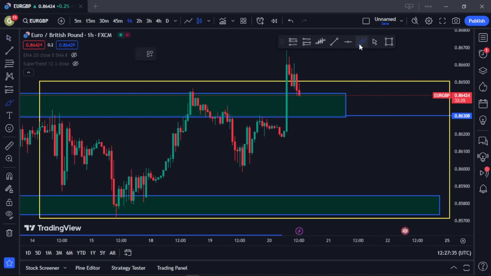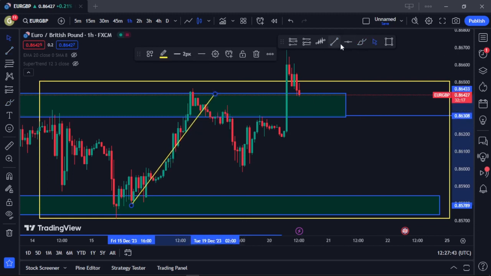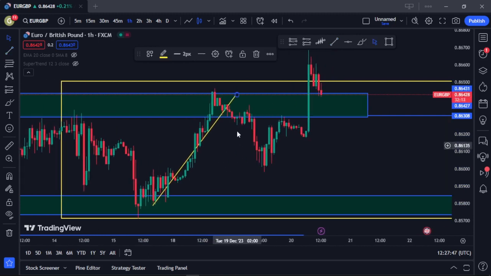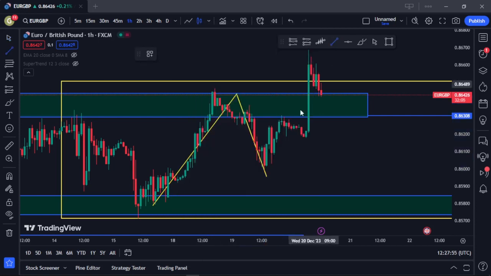You can see that the market first of all took a counter trend here. I call it a counter uptrend. After getting to this level, it reversed from here back down to this area before taking another movement to the up level.